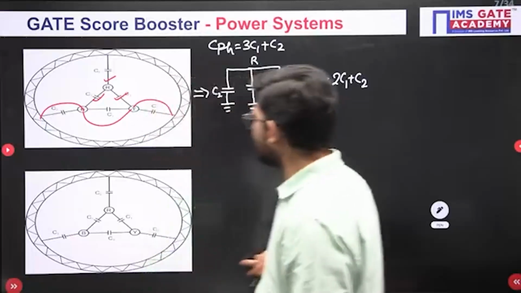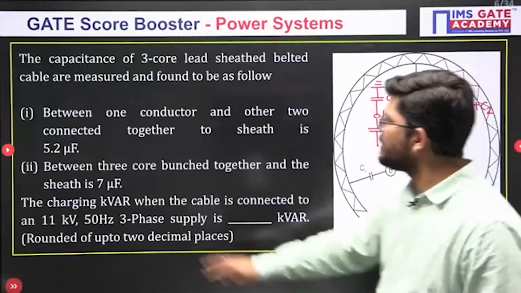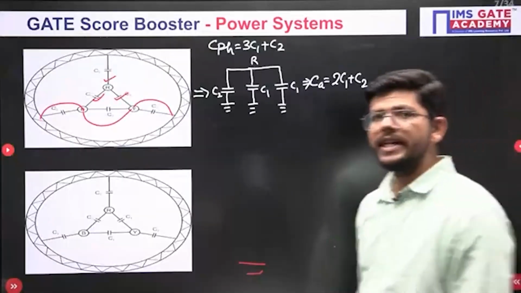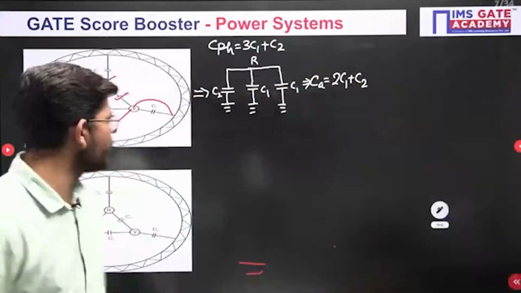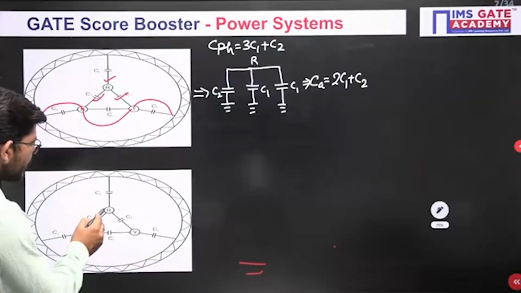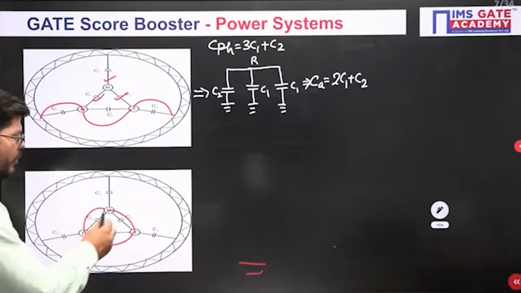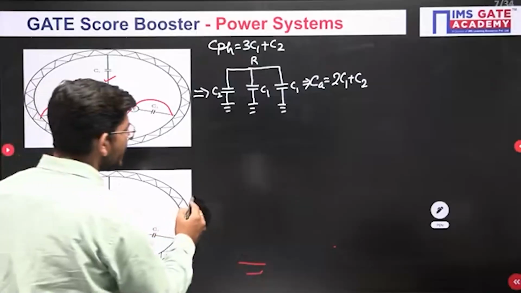Now in the next case, we are doing the test between the three cores bunched together and the sheath. These three cores are bunched together. When you bunch them together, the combination will appear like this.